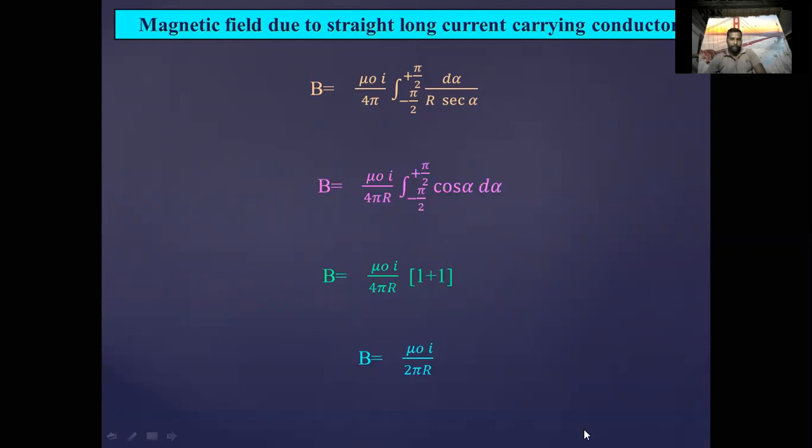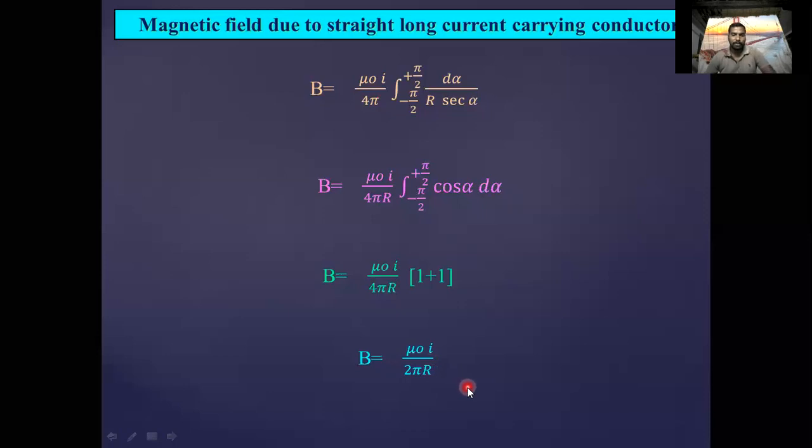Then B is equal to mu naught I by 4 pi R times (1 plus 1), that is 2. The 2 cancels, so B is equal to mu naught I by 2 pi R.